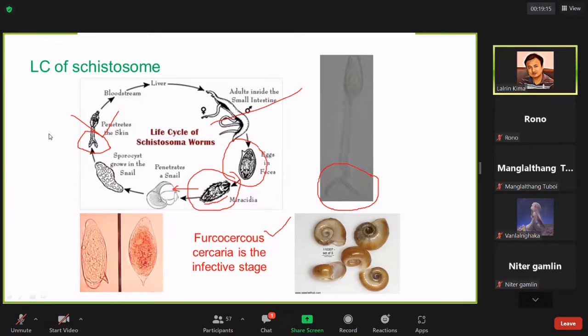Schistosoma is a very, very important parasite, not only for animals but also for human beings, especially in African countries. This is for your assignment. Just after finishing this class, please take only 5 minutes. From the beginning of the class, I told you that you don't need to study hard.